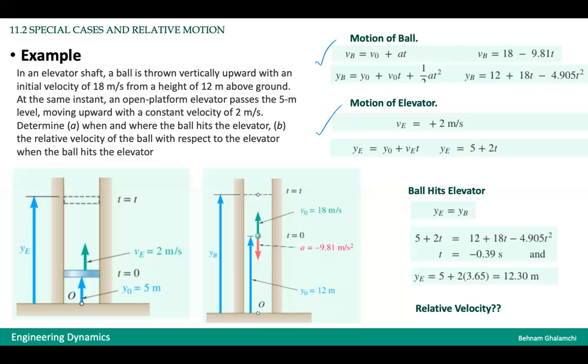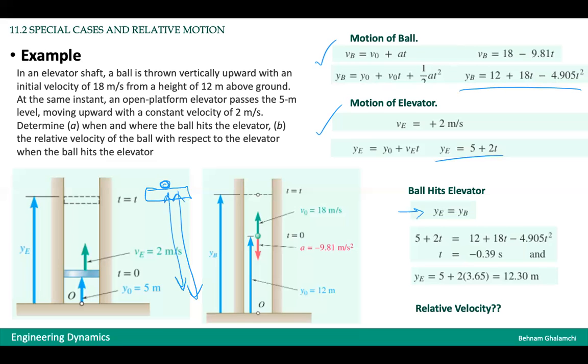Part A is asking us when and where these two particles will hit each other. We already know that when these two particles hit each other, there is an important piece of information hidden there. They both have the same elevation at that point. So we can simply put YE equal to YB.